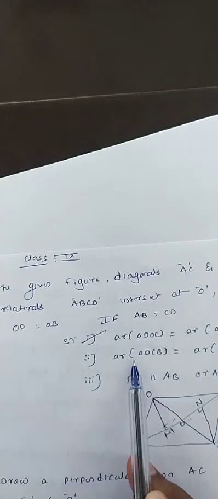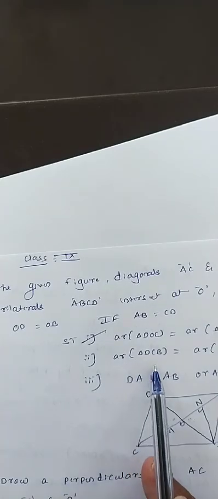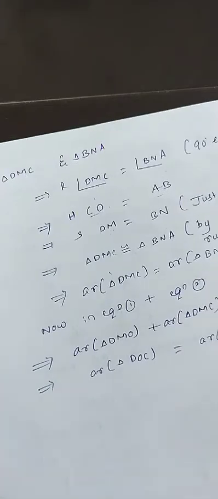Now we have to prove area of triangle DCB is equal to area of triangle ACB. Okay, so this I have to prove.